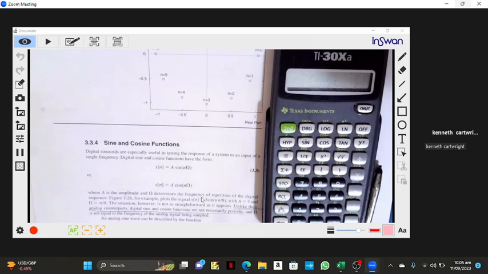Okay, my internet must be. How do I go from x of t to x of n?